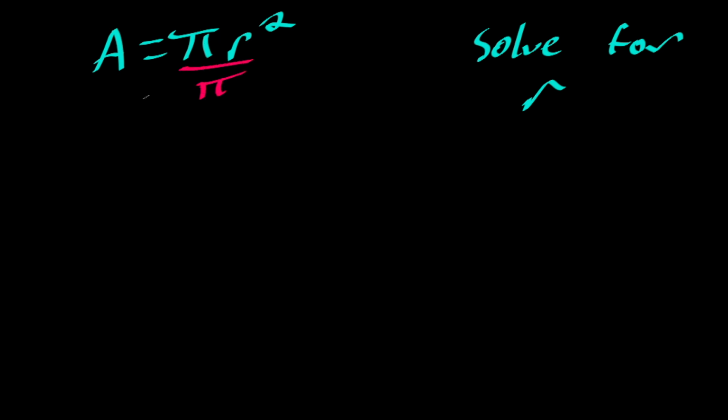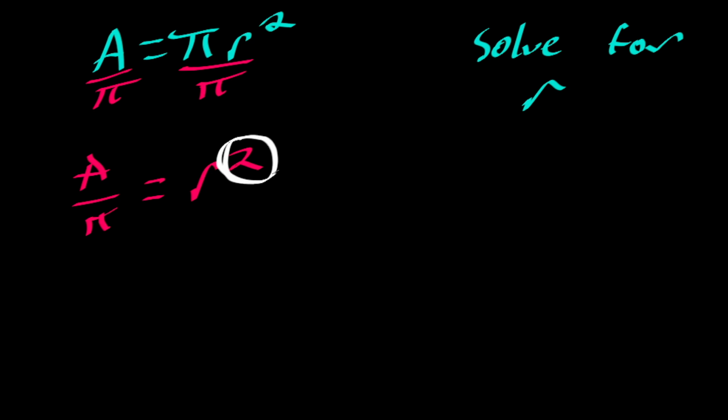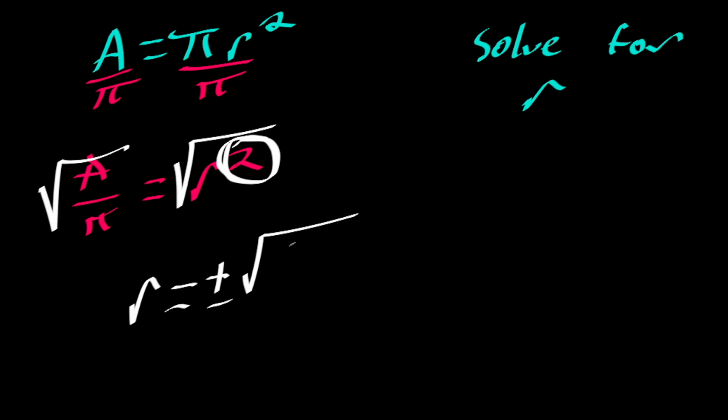So I could divide by pi. I could say A over pi equals r squared, and then hopefully we remember this from the past: the opposite of an exponent 2 is the square root. So we could say r is equal to plus or minus the square root of A over pi.